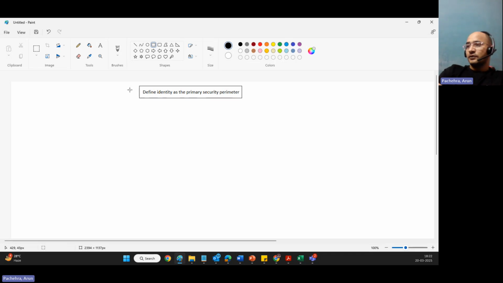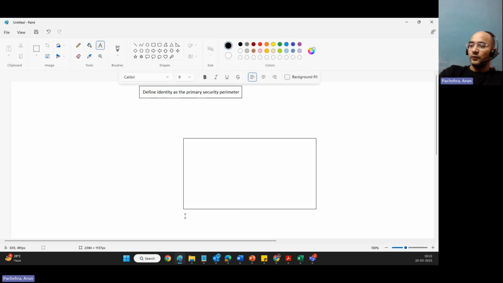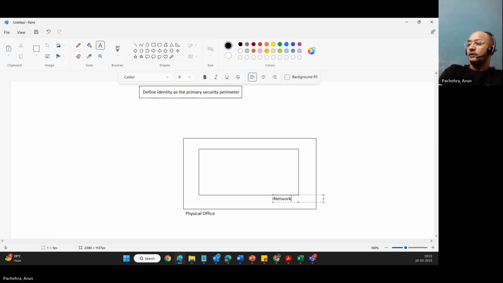So, just to put this topic in perspective, earlier there was always an office location. We're talking about the traditional or legacy way, the old days, right? There is a physical office, and inside the physical office we have our network, and anything inside that network was trusted.